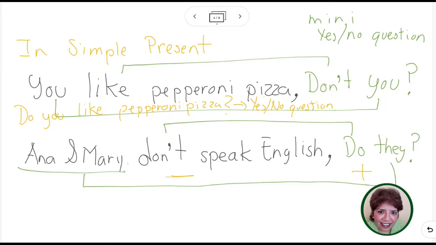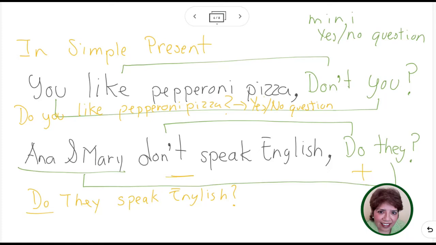And if we were going to write the yes/no question, it could be: do they speak English? Yes. Do they? And we have the auxiliary in a positive form.